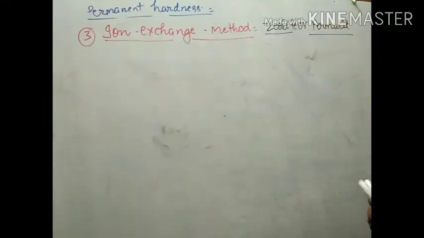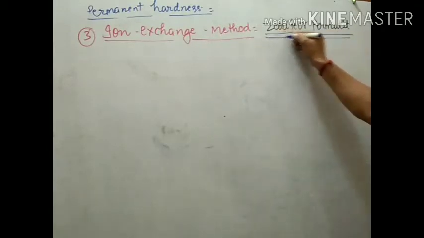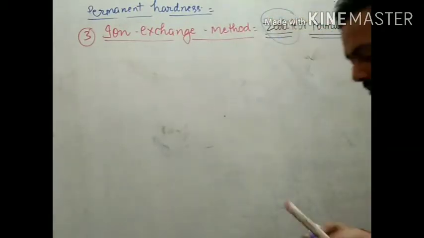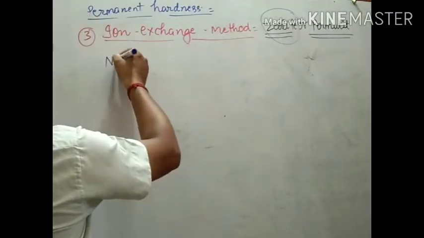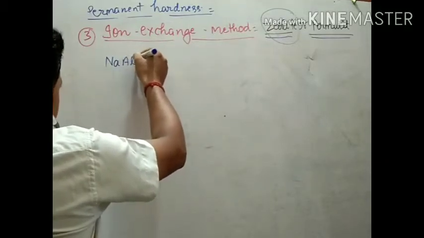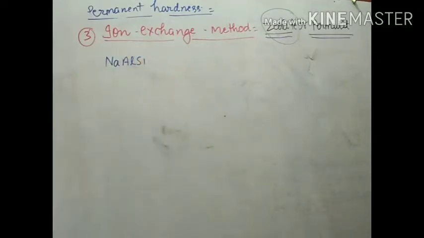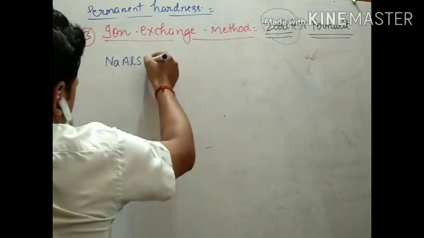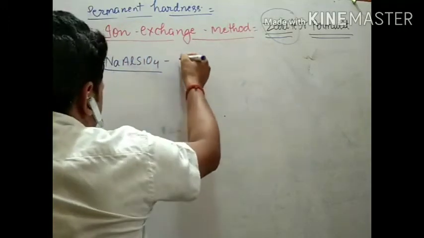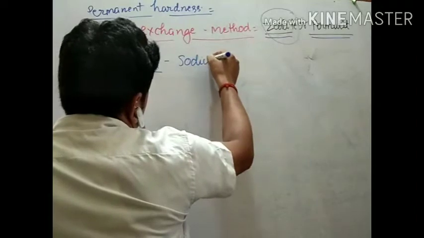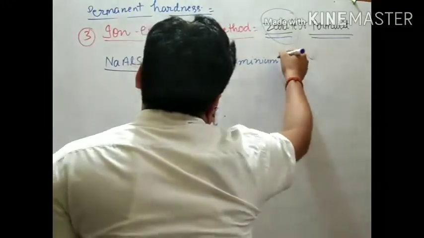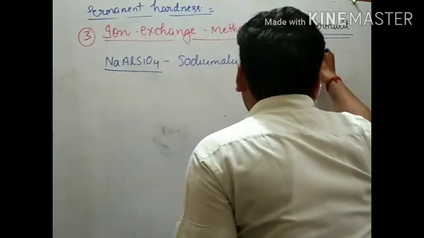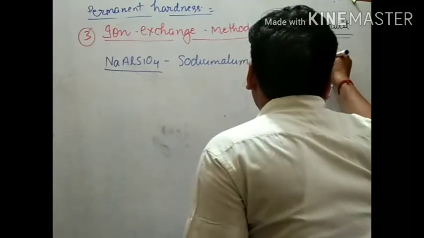You remember it. So here, the term zeolite: sodium aluminum silicate. What is sodium aluminum silicate?